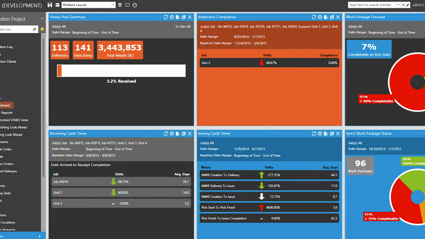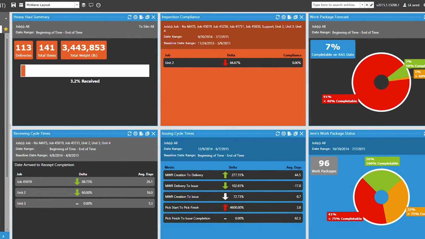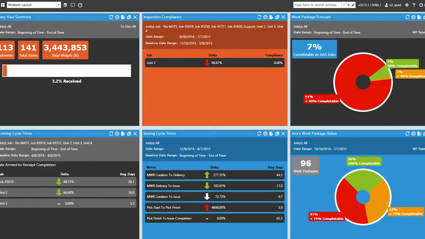So we have several individual widgets, that's what we call them. They're small components that display different sets of information, and people in different roles can look at those and see exactly what the status is of their project. For example, we have a heavy haul widget that shows which large deliveries they should expect over the next period of time.